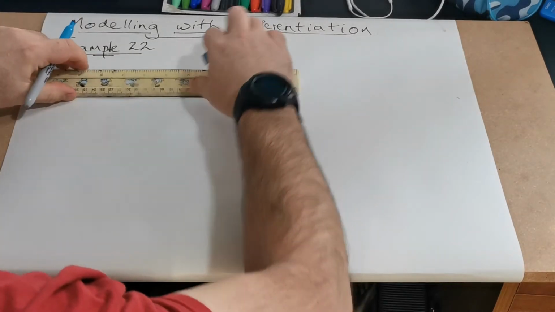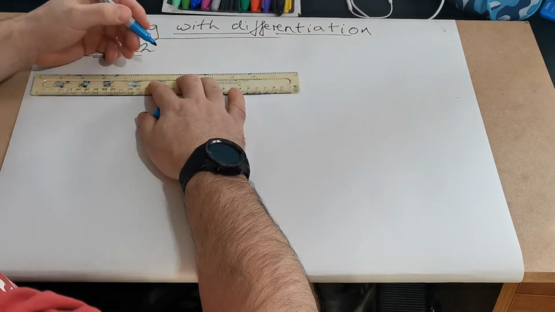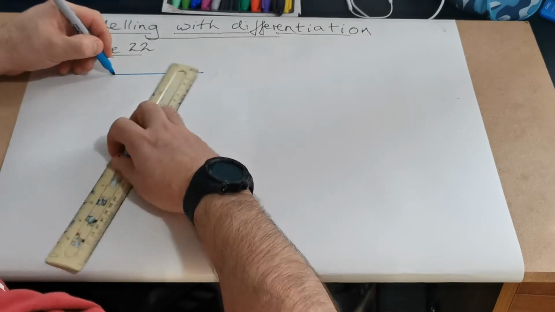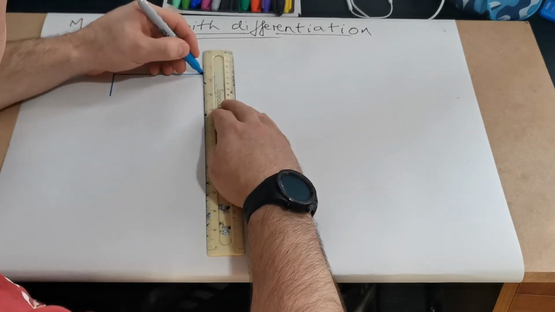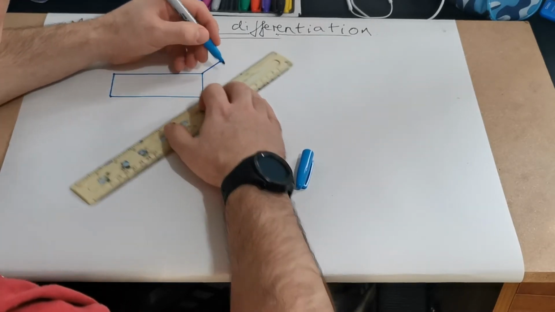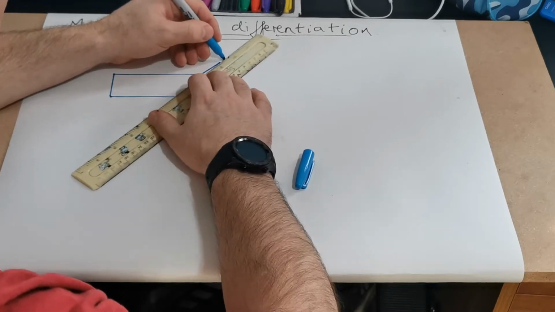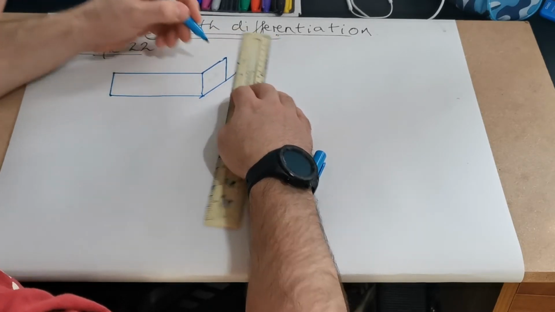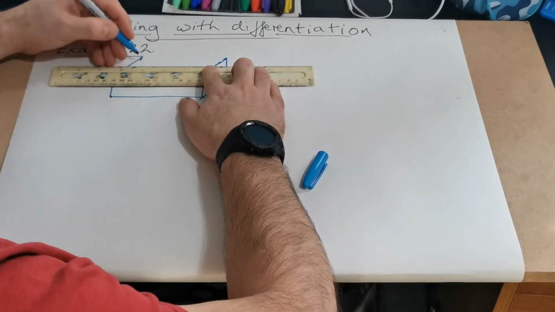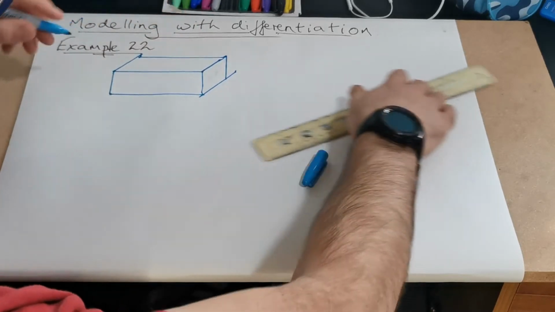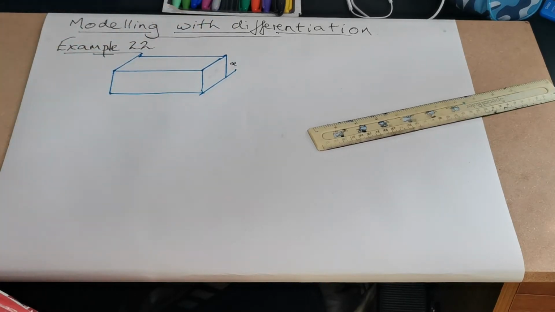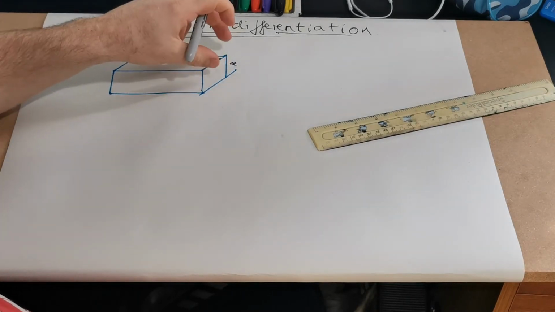So those of you who know me well will suggest that I'm going to draw a diagram. Now it says the height of the tank is x, and it also says two opposite vertical faces are squares.